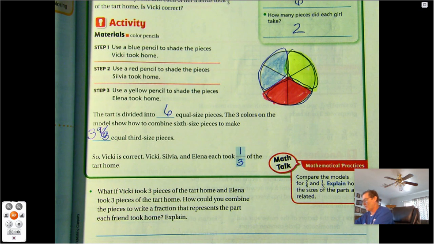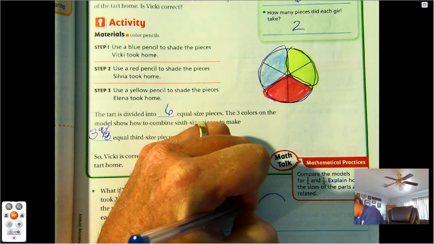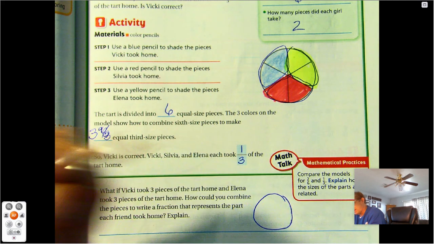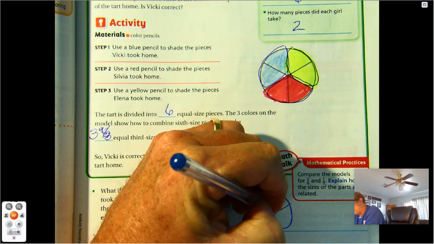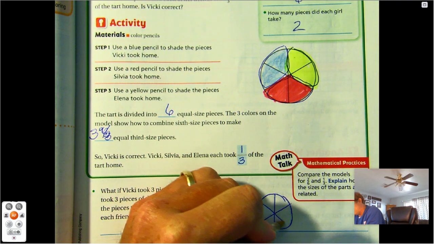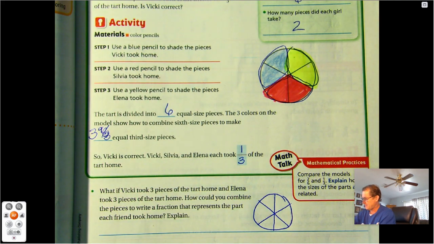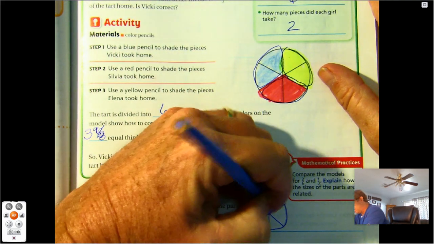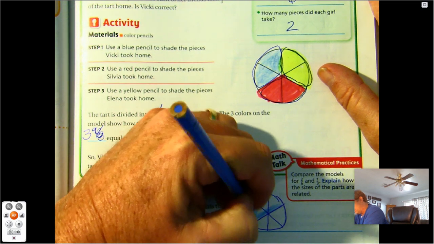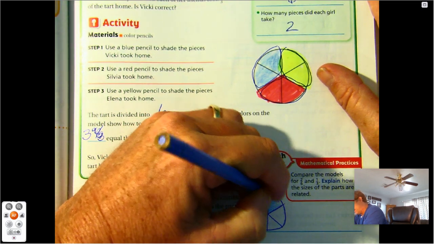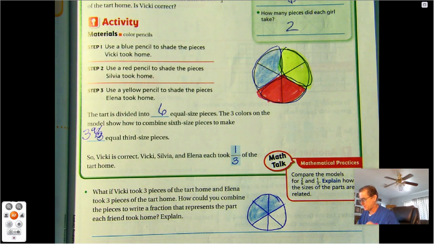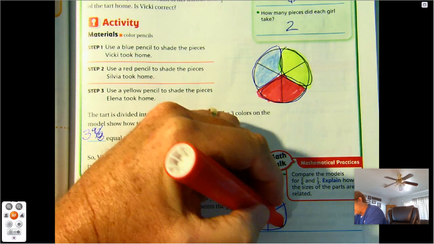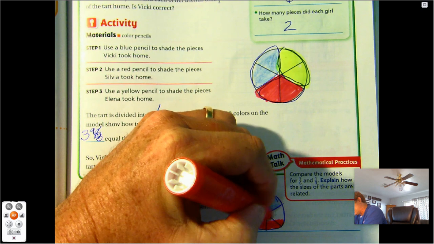Well, we can go back to our drawing, okay? And we still have 6 pieces, it looks like. Okay. And this time, though, one of the girls took 3 pieces, and the other, so Vicky took 3, and Elena took 3.